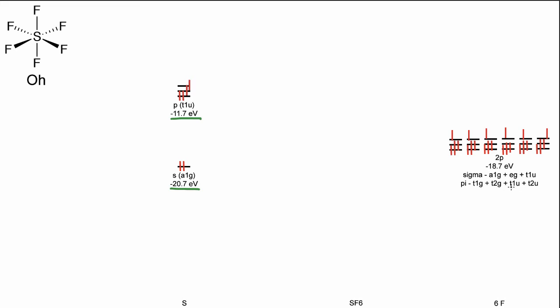That leaves us with an Eg set, a T2g set, a T1g, and a T2u set that are all going to be non-bonding. Those are going to stay exactly at the same energy, and so we can just throw those in right here. They're non-bonding, and completely inconsequential in the bonding setup of our molecule.